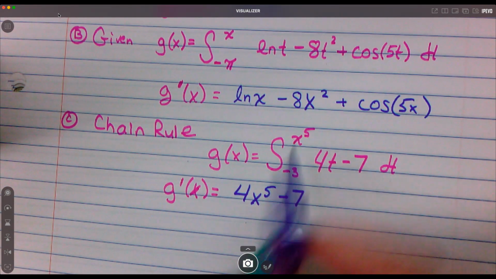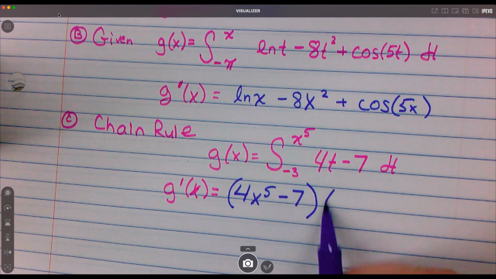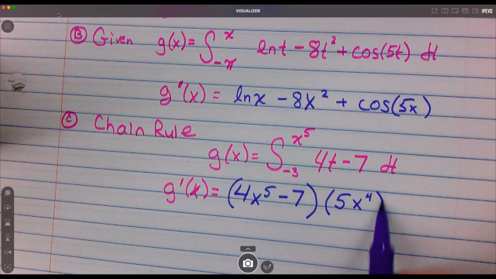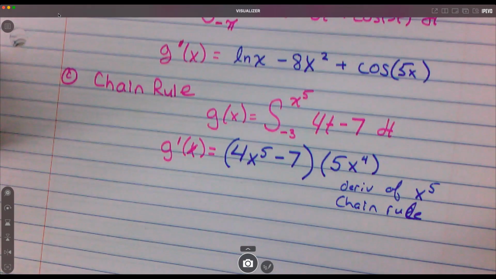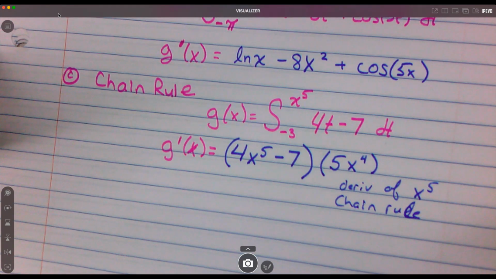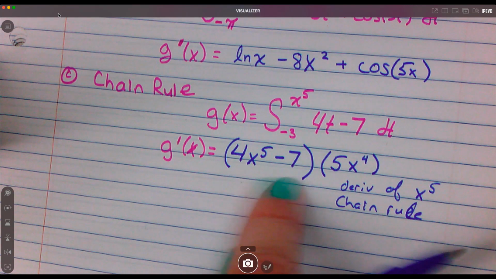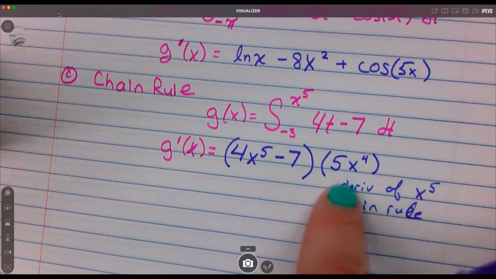But because x to the power 5 has a derivative, we're just going to throw all this in parentheses, and we're going to do the derivative of x to the power of 5. That's it. And you don't even have to simplify. Just throw the substituted derivative into a big set of parentheses and just slap your chain rule there.